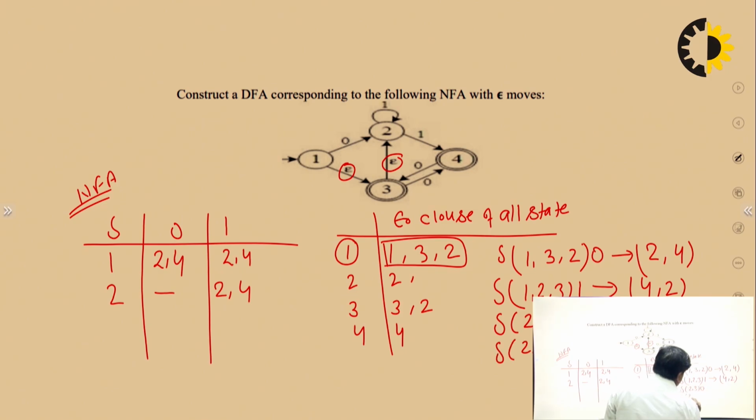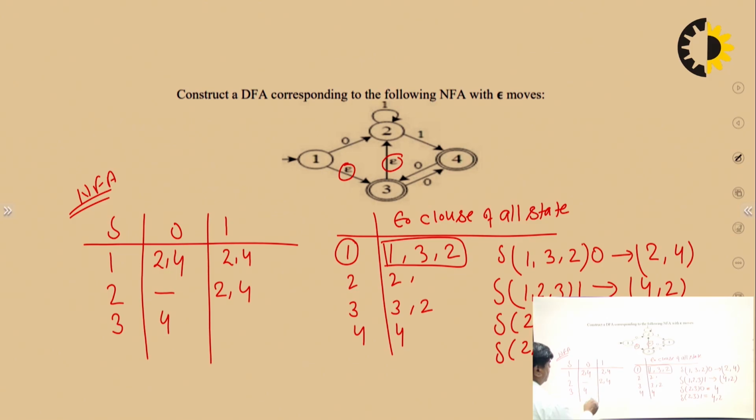On state 2, 0 transition is not available, and on 3, 0 transition, that is 4. So here is a 4. Now, 2, 3 for 1 transition: 2 gives 4, and 3 gives no transition, so here it is 2 and 4.